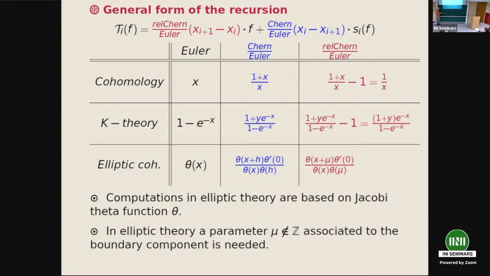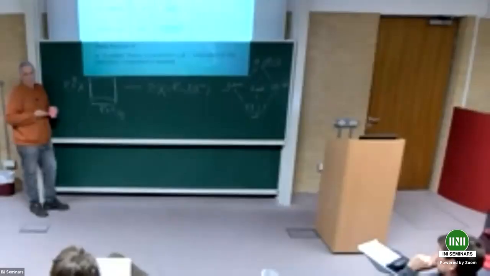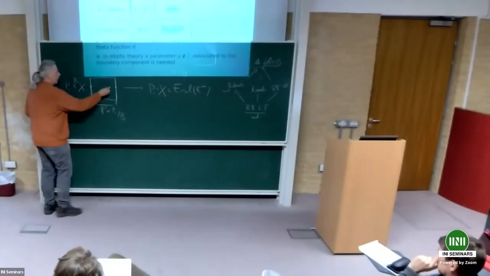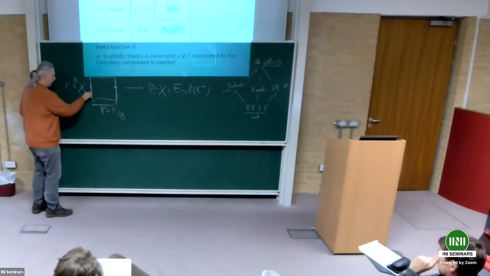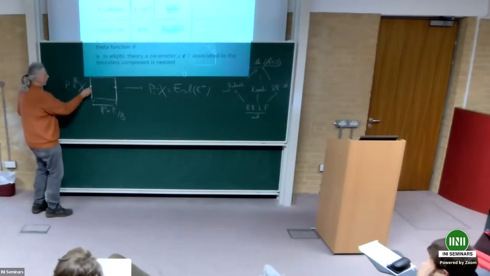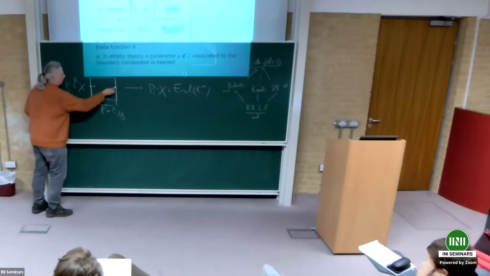So if I use the localization theorem, either for cohomology or for equivariant K-theory, I have to sum up over these points. At one point, you have the vertical direction, that's some cohomology class here, and I have the normal direction.